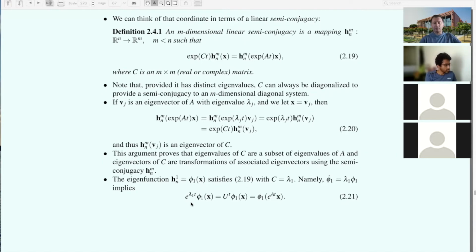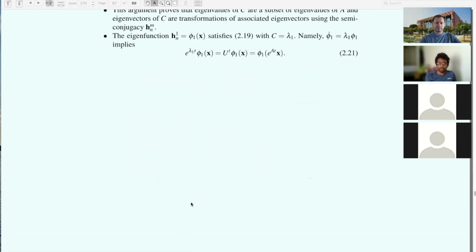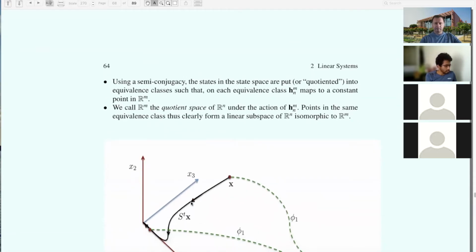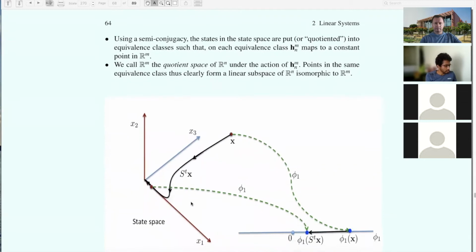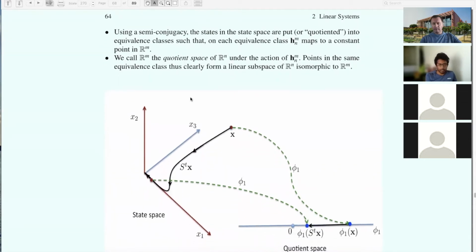So that shows how eigenfunctions themselves can be used as conjugacies. And so the space R^m in general is called the quotient space of R^n under the action of this mapping H_nm. And as I mentioned, what that does is it takes whole classes of initial conditions into a single initial condition.